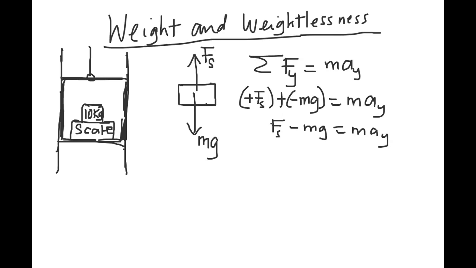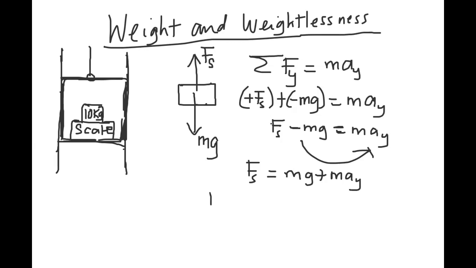And now I can move this to the right. So the support force, or the scale force, will be equal to mg plus may. So I transferred this to the right hand side. It will be plus mg.